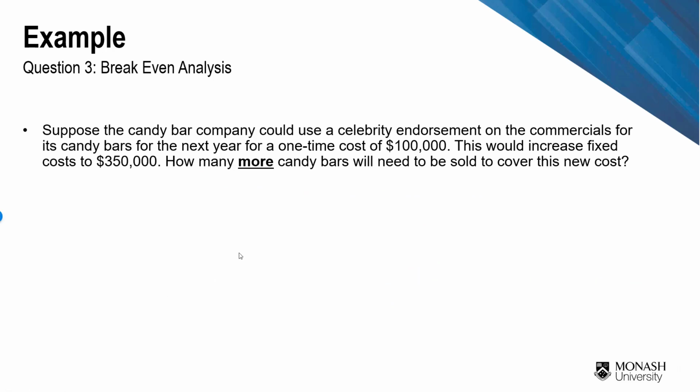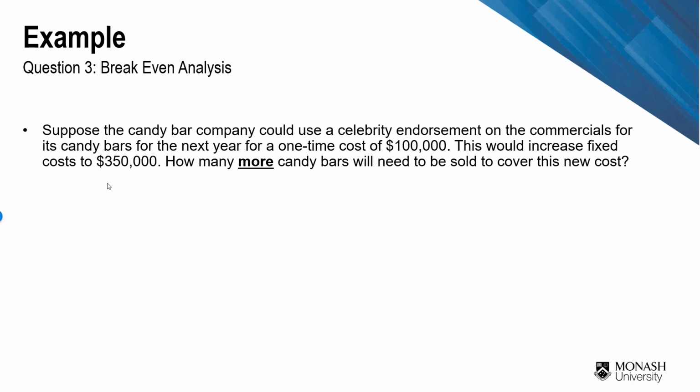So suppose the candy bar company could use celebrity endorsement on the commercial for next year for a one-time cost of $100K. So this will increase fixed cost to $350,000. So how many candy bars do we actually need to sell?